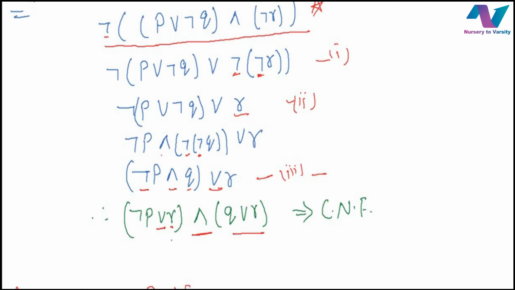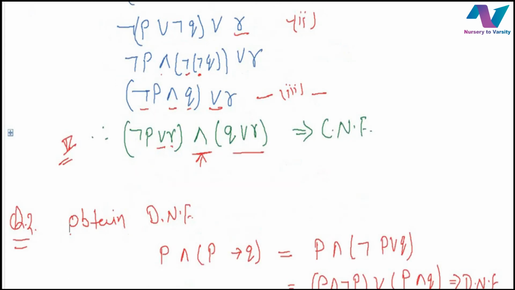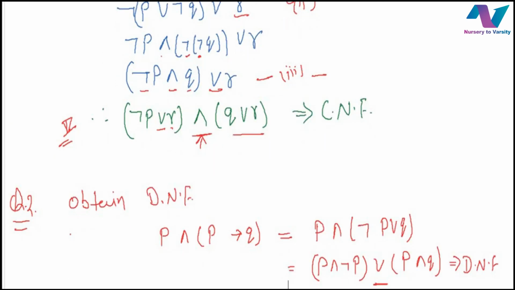Yes, it does. Is there any sub expression having a negated compound statement? Only atomic statements have negation, and after the OR there is no other expression having the AND operation, only the outside operation is AND. So we can say this is the conversion to CNF.